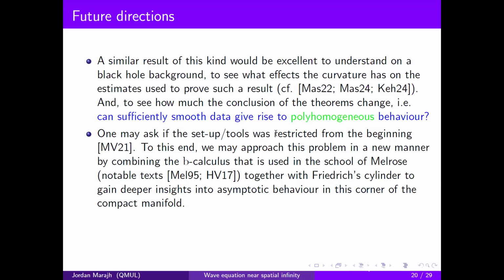Take now Friedrich's setting of the cylinder, but change the analytic tools you're using. That's where precisely the B calculus crops up. That's where you're measuring with regularity like u partial u rather than u squared partial u at the future. That's where you might be able to capture the polyhomogeneous behavior and maybe do something slightly more sophisticated in the meantime.